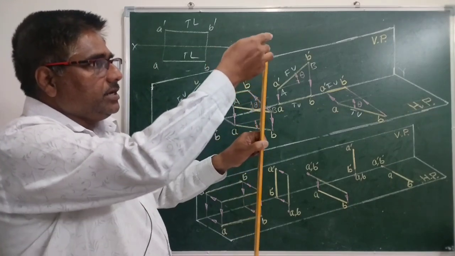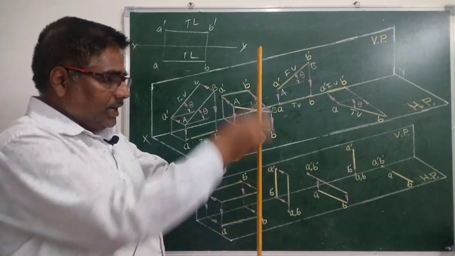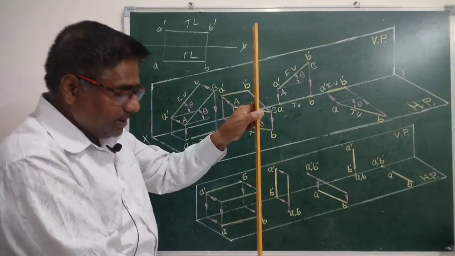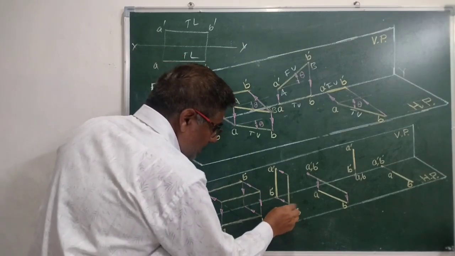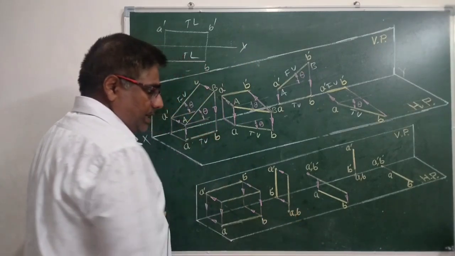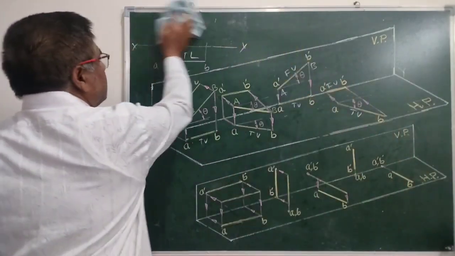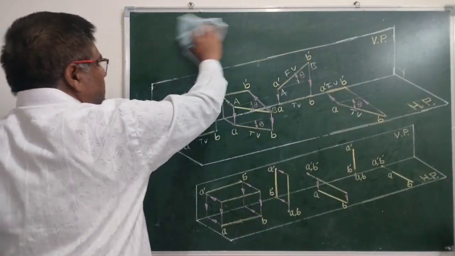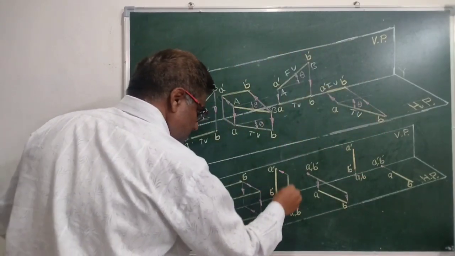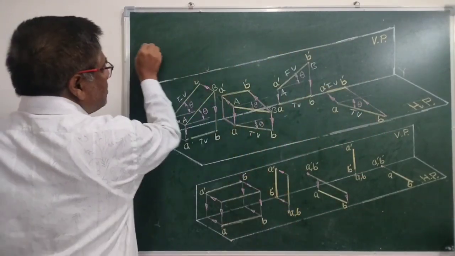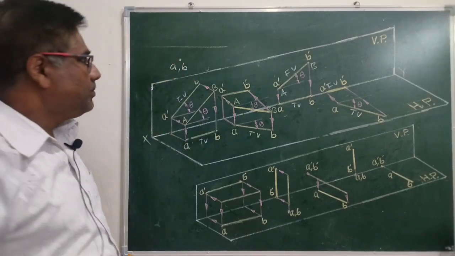As this line is vertical, the projectors through both the ends will fall on a single point, meaning these projectors will coincide in top view. That's why we get A and B at a single point. The top view will be just a point, A comma B.